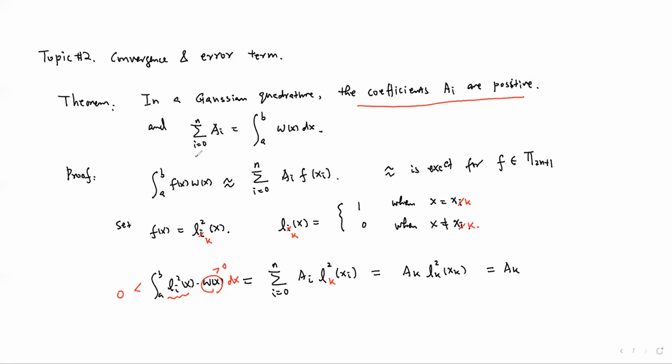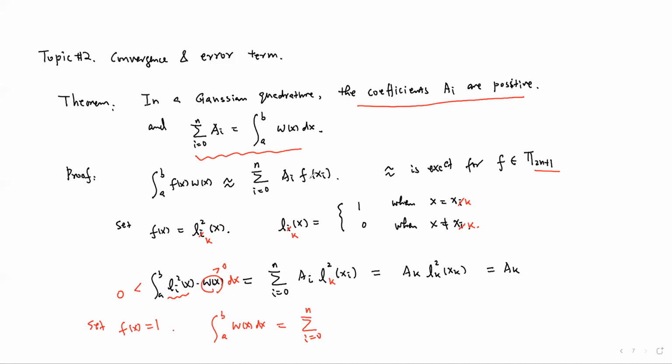Then how to prove this equation? Easy. Set the function equal to 1. 1 is a polynomial, of course with degree less than this. So plug in 1 in this Gaussian quadrature. Then we get the integral from a to b of w dx on the left side, equal to summation i from 0 to n.